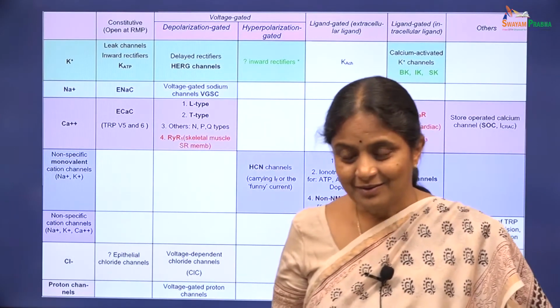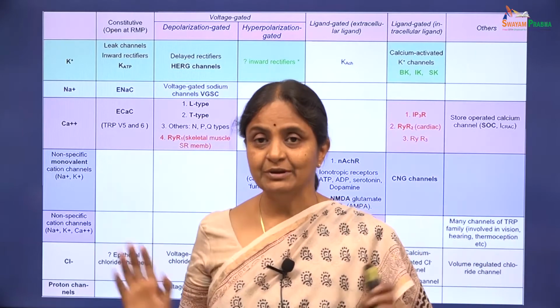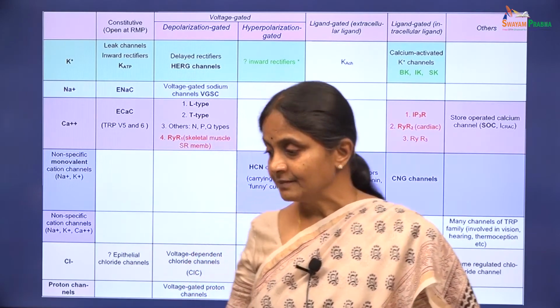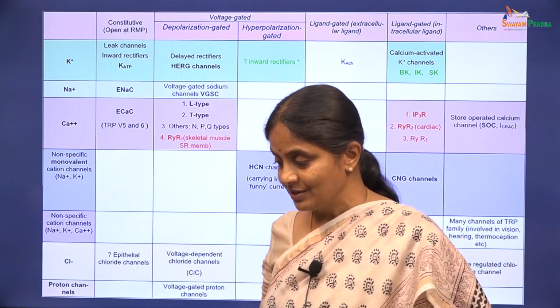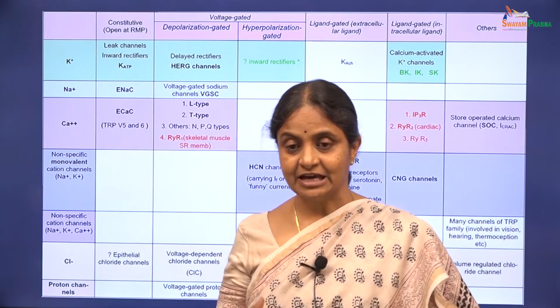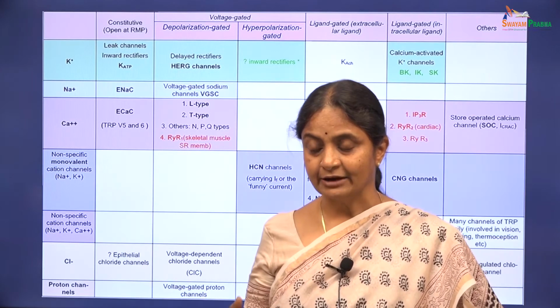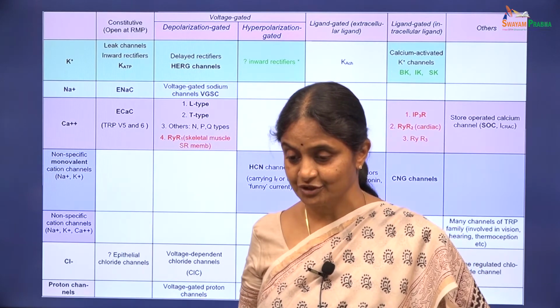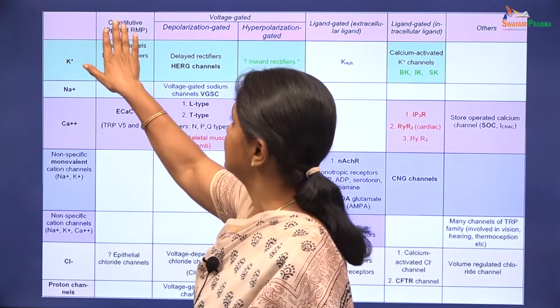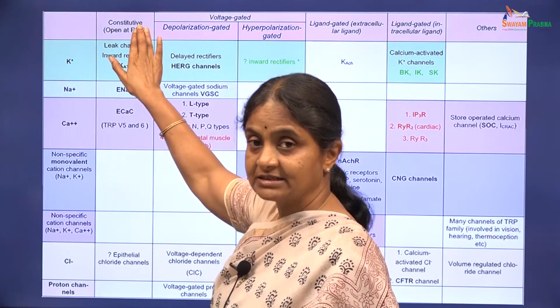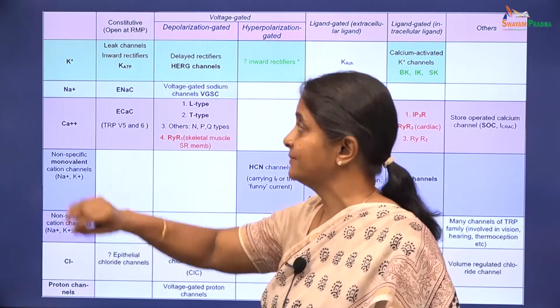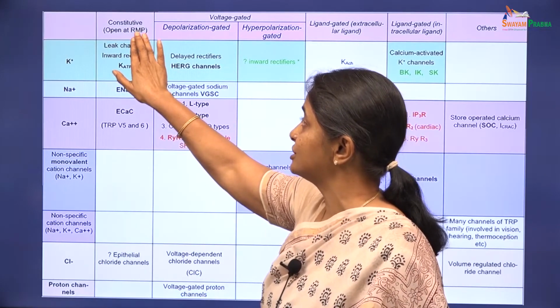All right. We've seen this table of channels earlier. Where in this table should we look for the potassium channels that are open at rest and contribute to the resting membrane potential? Very obvious. This is the column with constitutive channels, that is, channels which are open all the time, open at the resting membrane potential.